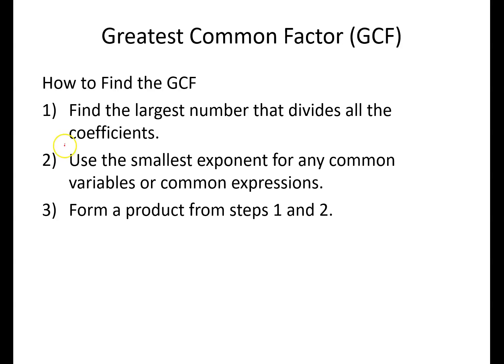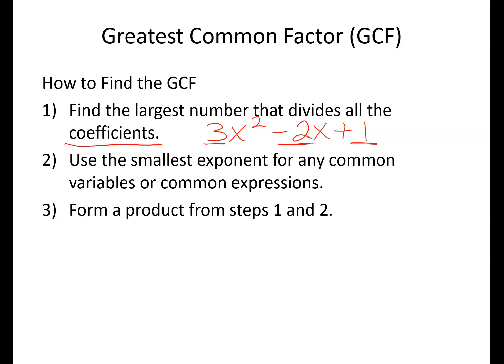By coefficients, we're talking about the numbers that are in front of the variables. So if I had, for example, 3x squared minus 2x plus 1, the coefficients are the 3, the negative 2, and the positive 1.